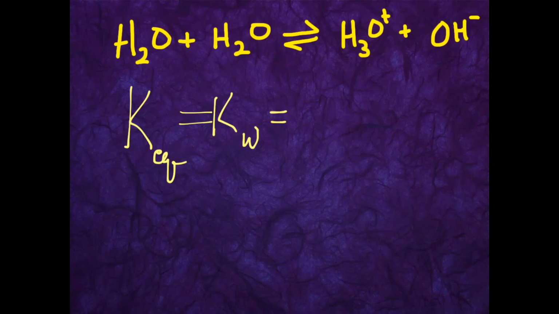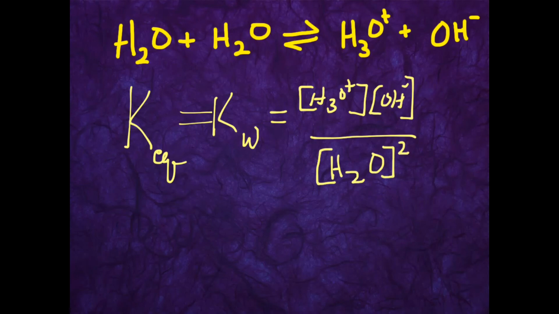And we'll build this just the way we do any other equilibrium constant. It is the concentration of one product times the concentration of the other product divided by the concentration of the reactants. However, water is a liquid.